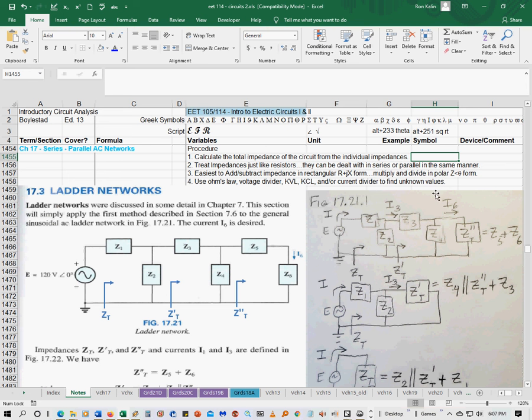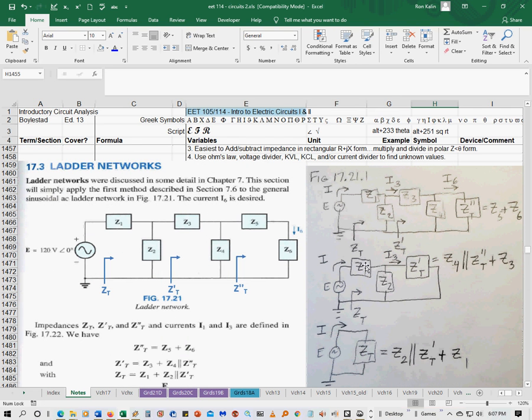You're going to want to use that, and it shouldn't care which form it's in. You should be able to do these calculations, but when you do this kind of problem, I would expect you to be showing this work, drawing the circuit like this, and then keep drawing it to show that you're understanding how to break it down.